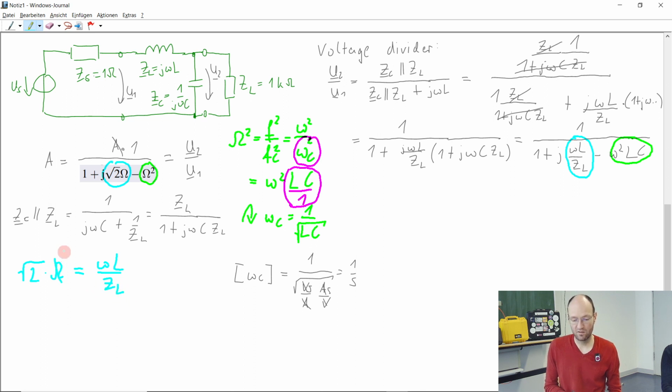And omega, as we have discussed, is omega divided by omega C. And omega C, we have already calculated, is 1 over square root of L times C. So we have another square root of L times C here. So then of course, I can cancel omega on both sides, and then it's probably not a bad idea to rewrite this once again. So we get square root of 2 multiplied with square root of LC. And on the other side, we get L divided by ZL.